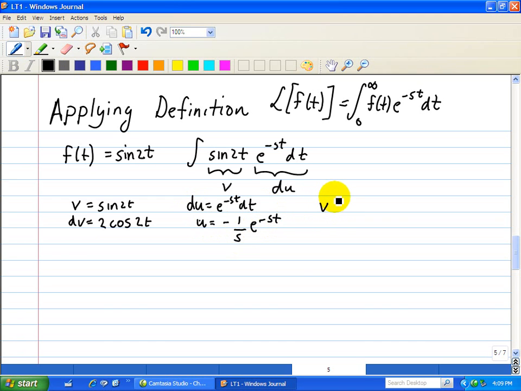So here our integration by parts is the integral of v du equals uv minus the integral of u dv.